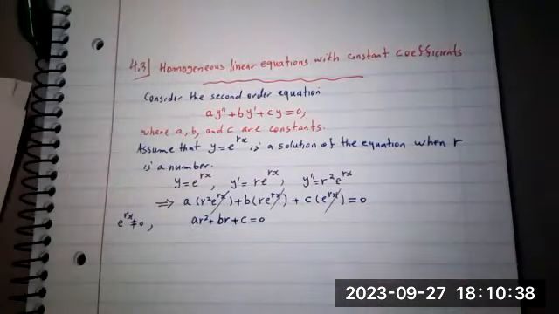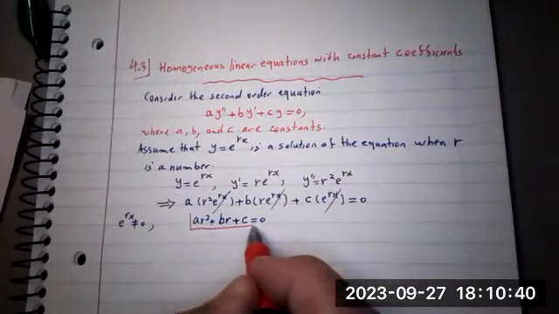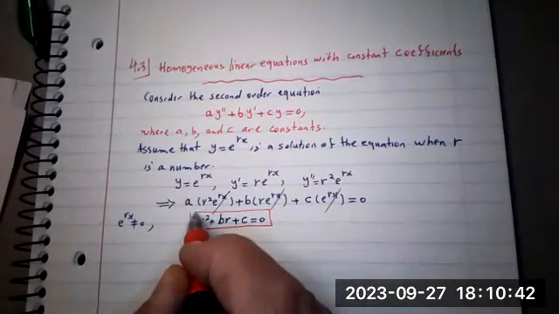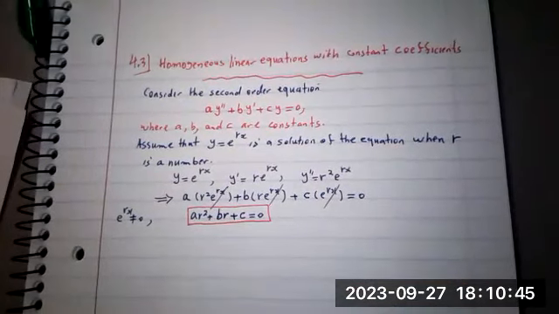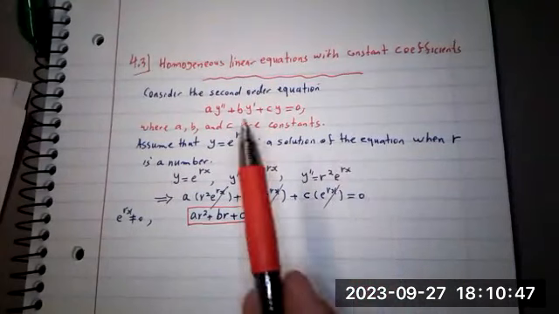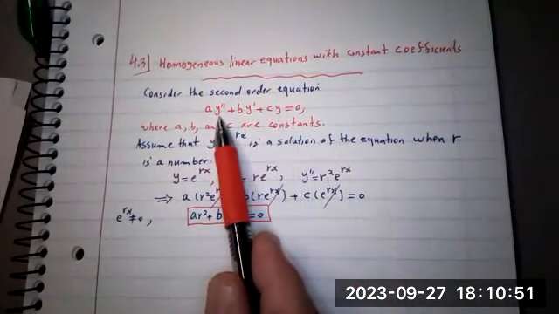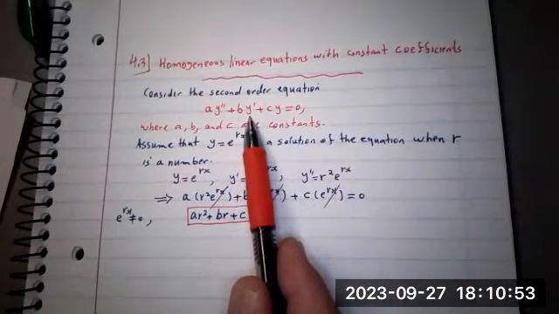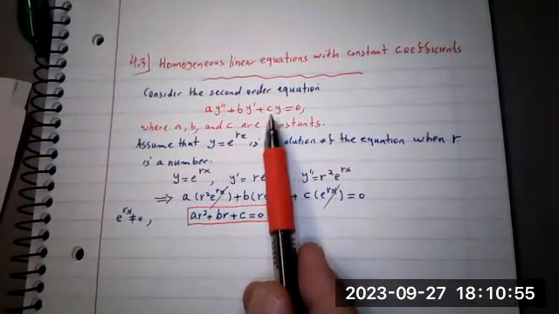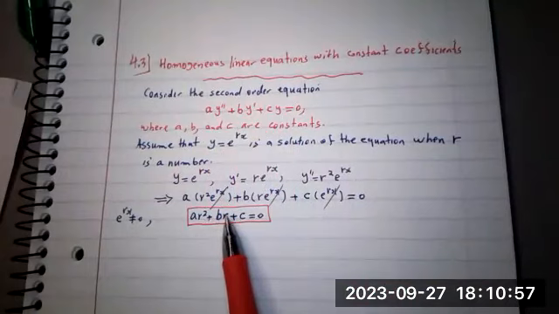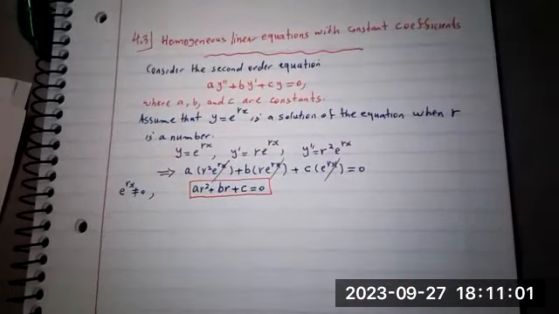You arrive at this equation, and it can be formed right away. Look at the given one: a y double prime, it's a r squared plus b r plus c, like r squared, r to the first power, and r to the 0 power, which is equal to 1.